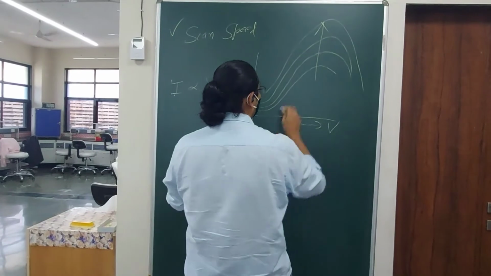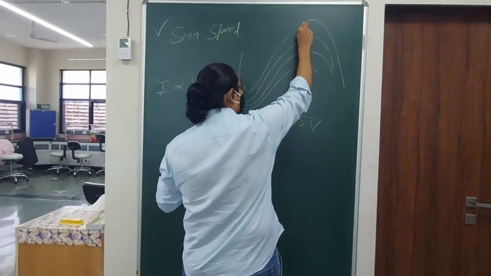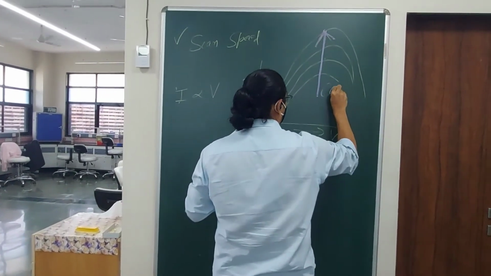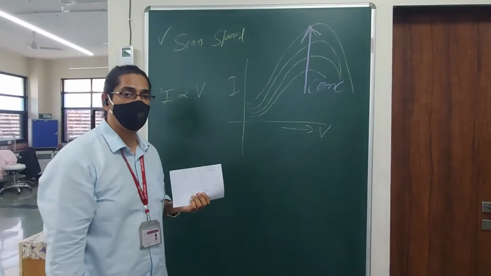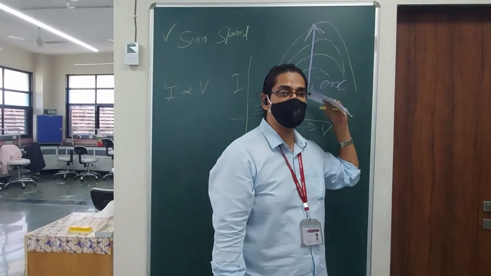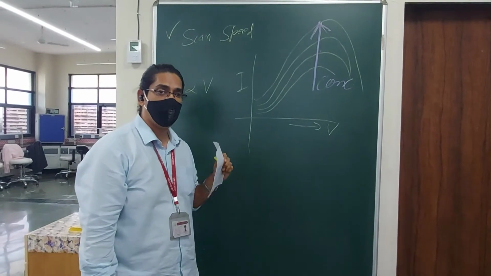Let me write with a different color. Let me make it a bit darker. So here we are going to increase the concentration. We are going to make those kinds of concentration profiles for both ferricyanide and ferrocyanide, right?